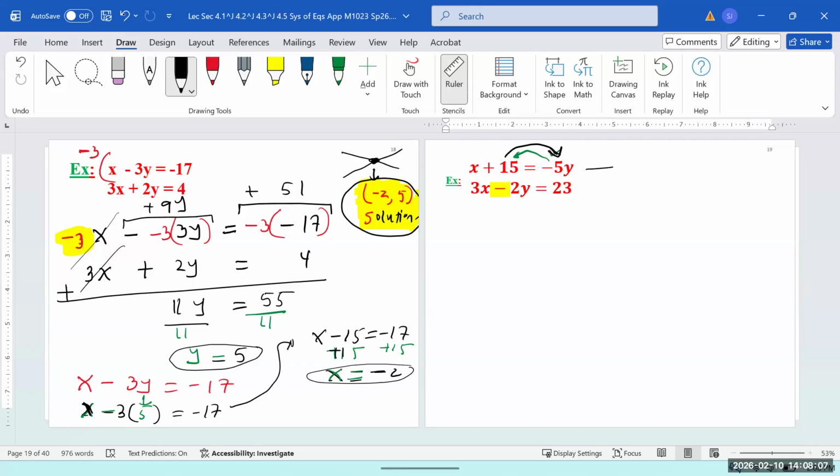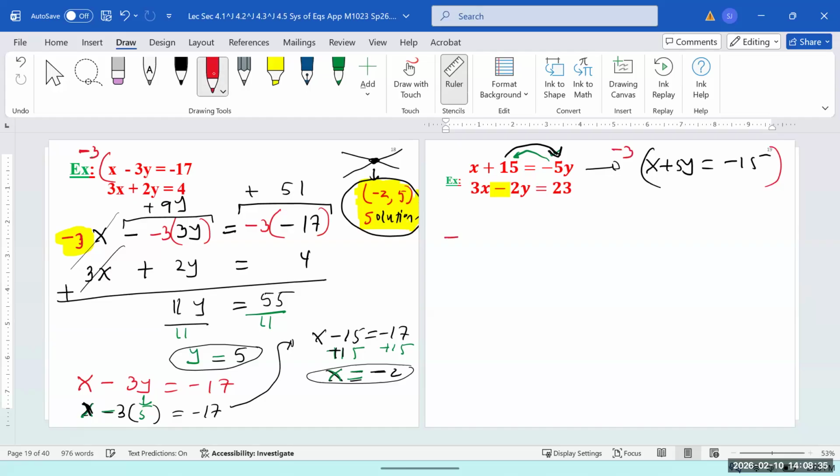In the first one, when you swap them around, anytime you cross the equal sign, you change sign. So 5y is crossing the equal sign, becomes positive 5y. 15 is crossing the equal sign, so it becomes negative 15. And if you want to cancel the 3x, we need to multiply this entire thing by negative 3.